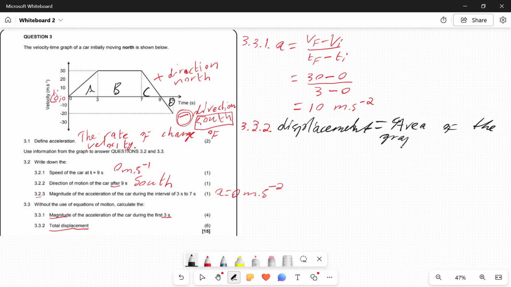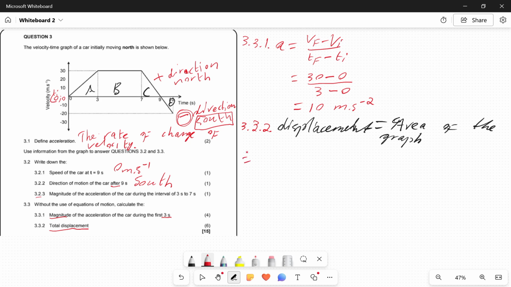That's the first thing we'll say, that displacement is the area of the graph, and then from there we are going to find our areas. We'll start with the first one.